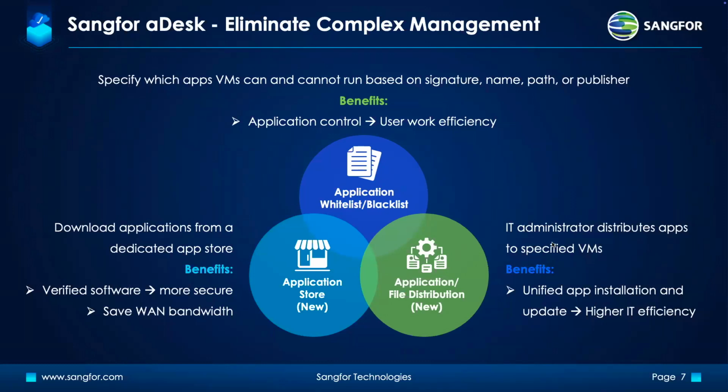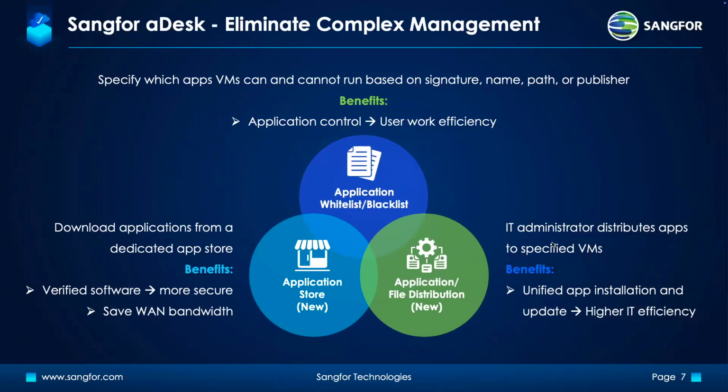Now, other than that, we have also seen a lot of users downloading certain applications, maybe a video player or any third-party application that a user is trying to install and run. You can restrict the download of these applications over WAN, and you can create an organization application store where any user can go, see the allowed applications, and download directly from there.